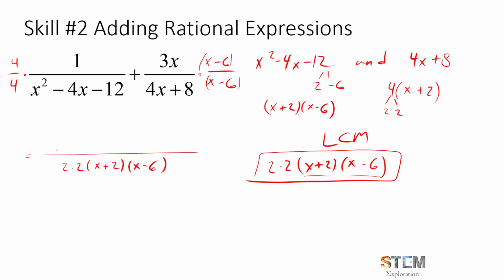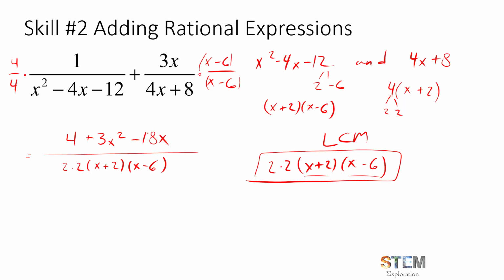And then on this side here, I'm going to have the 4 over here in terms of what is going on in this specific case. And what I'm also going to have here is 3x times x. That should give me 3x squared, and 3x times negative 6 gives me negative 18x.